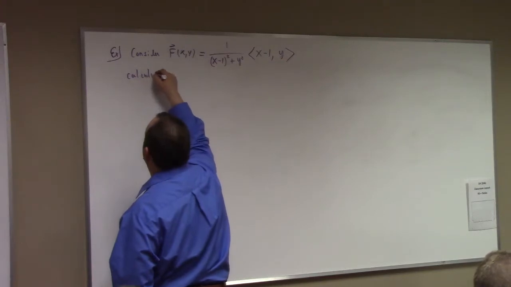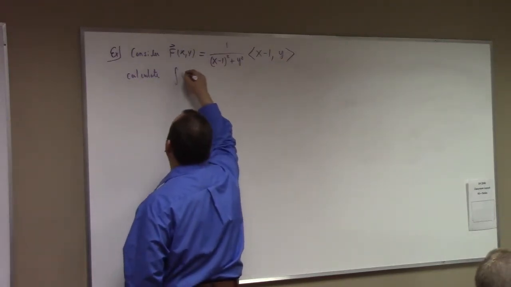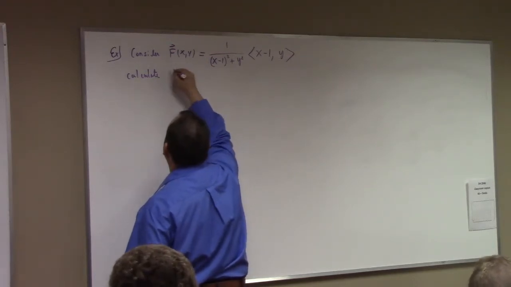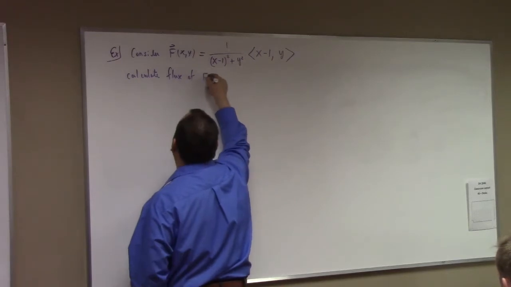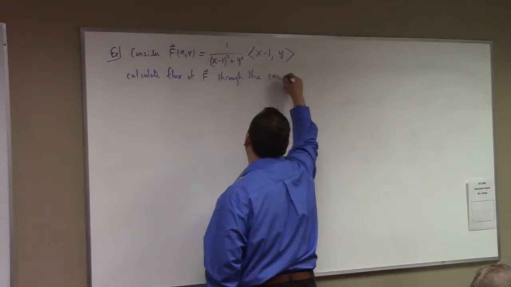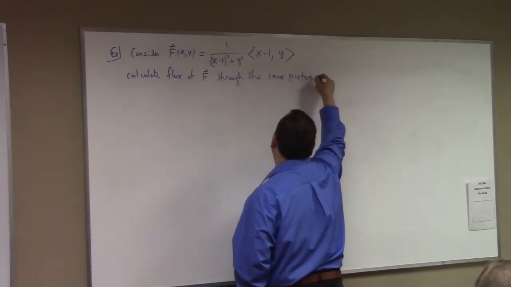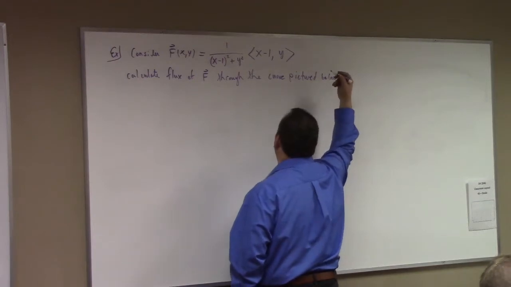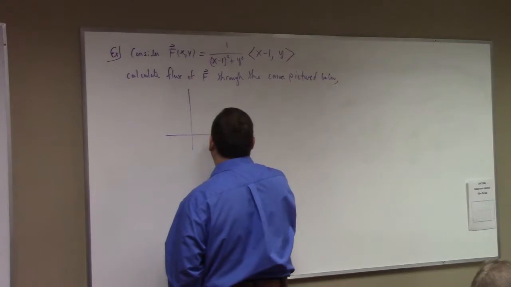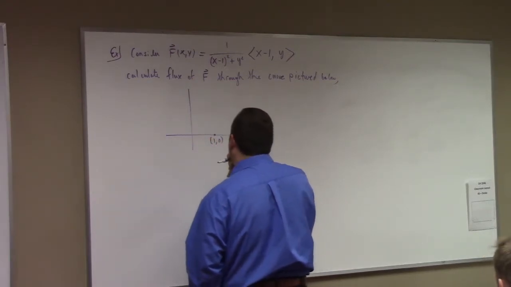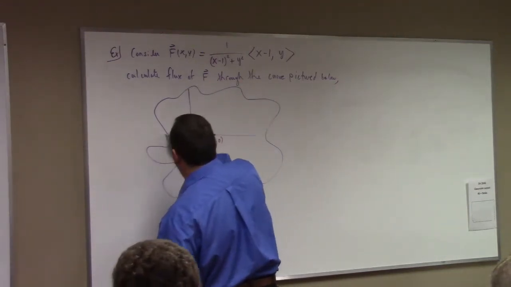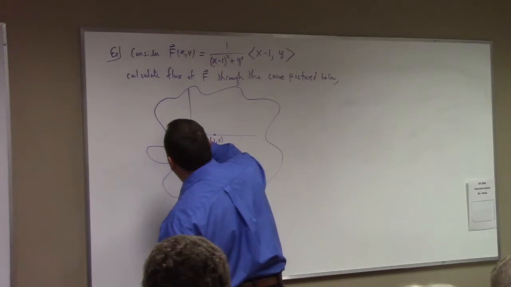Let's calculate the flux of F through the curve pictured. So here's the point (1, 0), and the curve I have in mind is this. There you go. Calculate the flux through that curve.